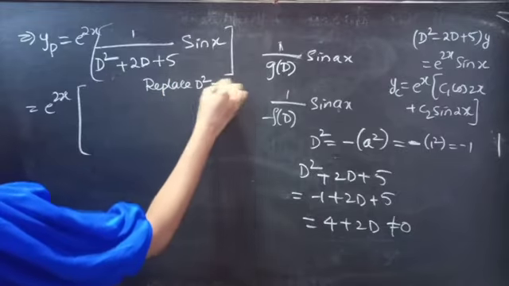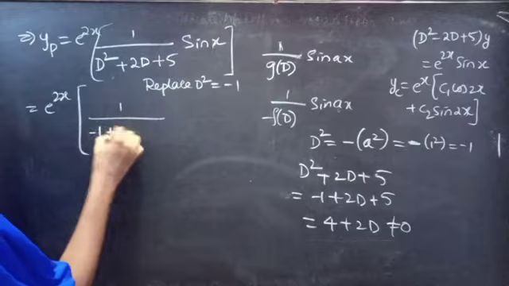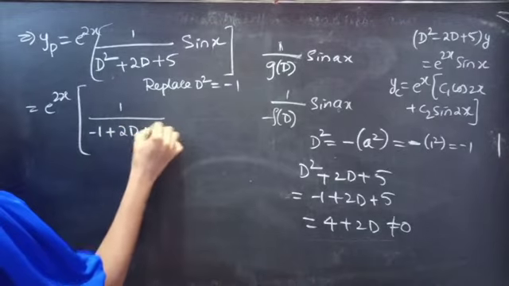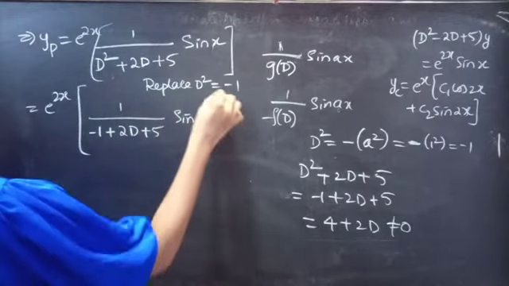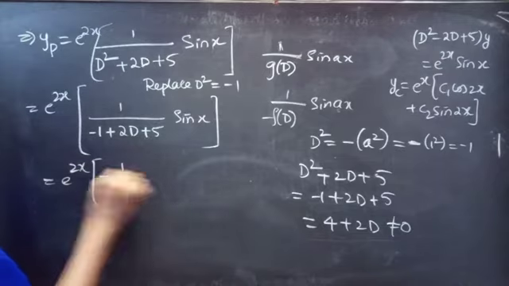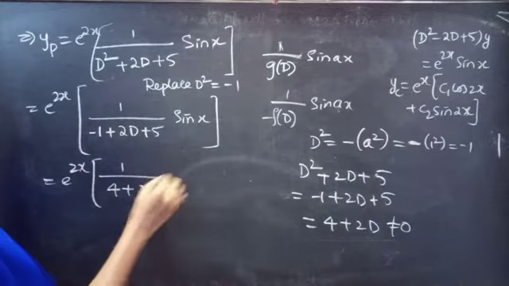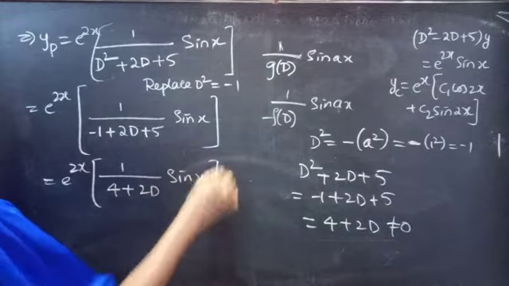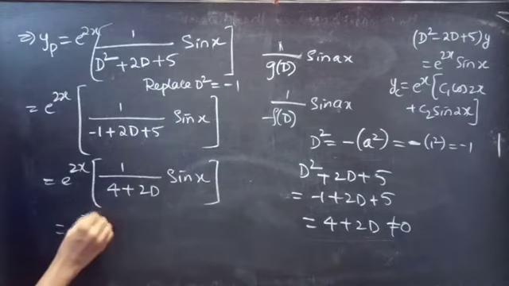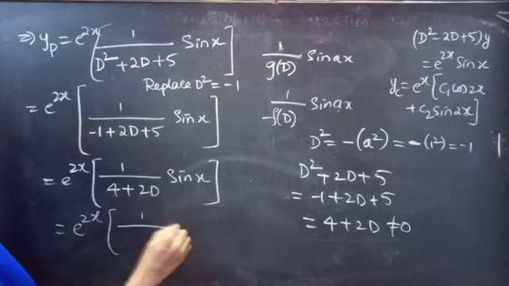Replace d square by minus 1. Then we'll get 1 by minus 1 plus 2d plus 5 into sin x, which equals e power 2x into 1 by minus 1 plus 5 is 4 plus 2d into sin x, right? Now let's take 2 common from the two terms of the denominator for our convenience.